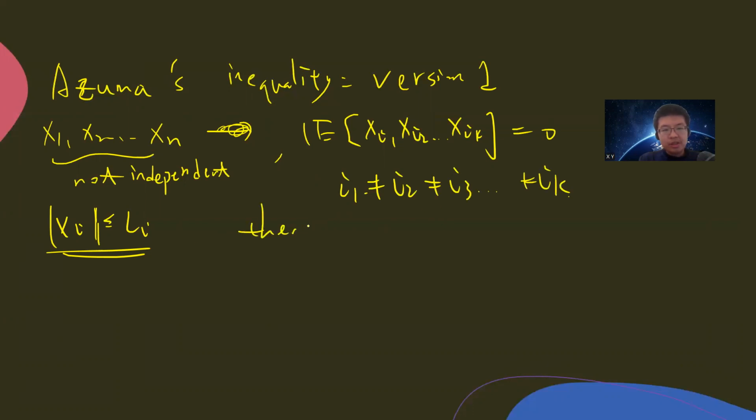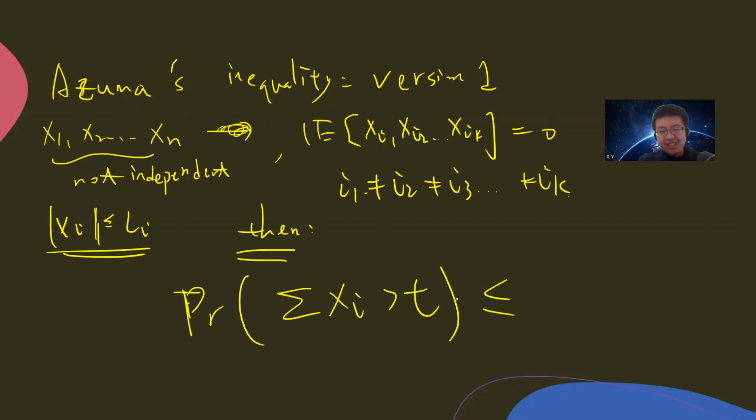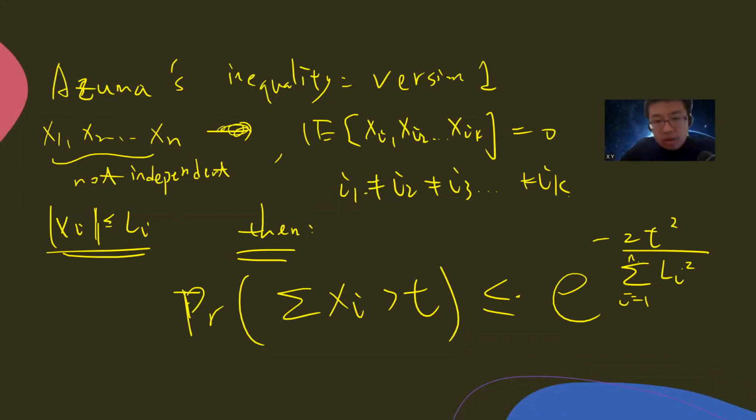Then you can still have the inequality, which is really weird: the probability is bounded by the exponential of minus 2t squared over the summation of L_i squared. This is the Azuma inequality.